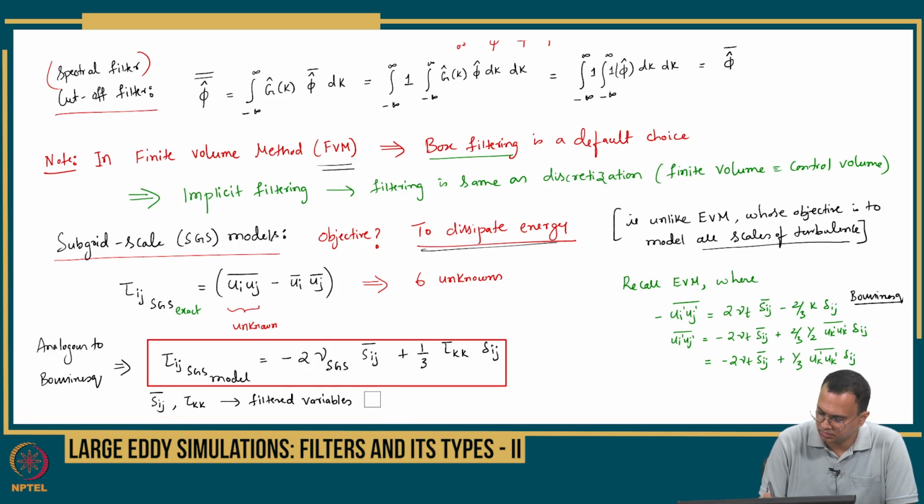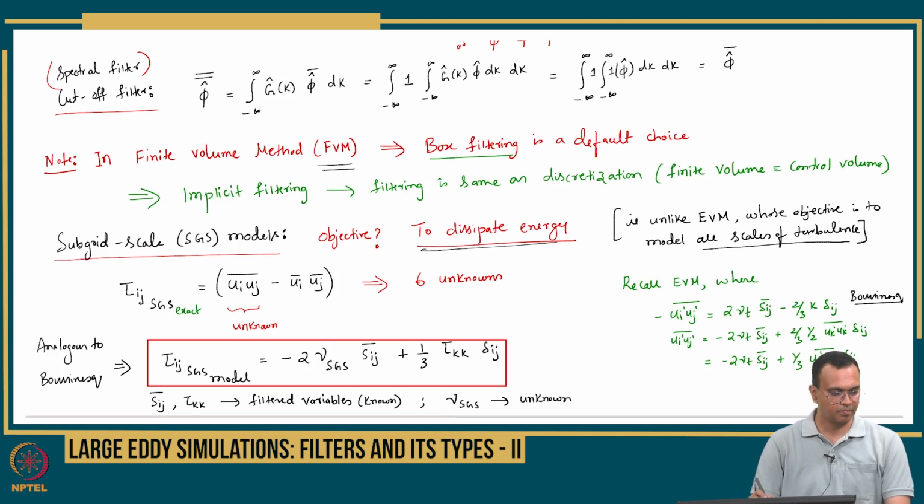And nu SGS is an unknown, right? So nu SGS is the unknown. So this is one option of modeling. We still have not figured out what nu SGS is.